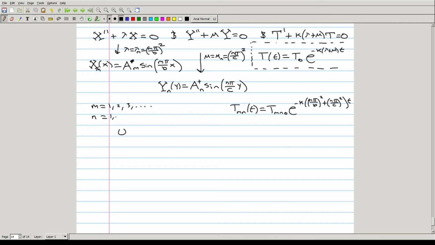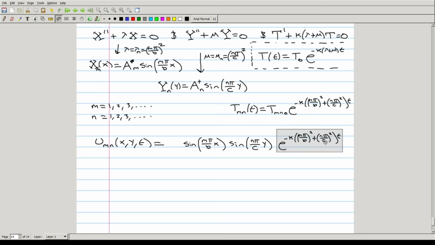And for every n value, we have a solution that's separable of the form u_mn of x, y, t is equal to this function times this function times this function, multiplied by some arbitrary constant a_mn.